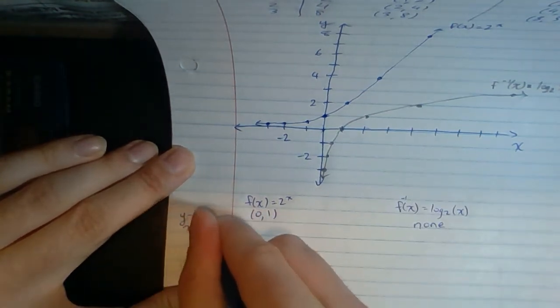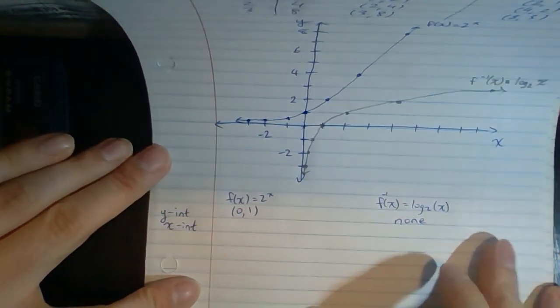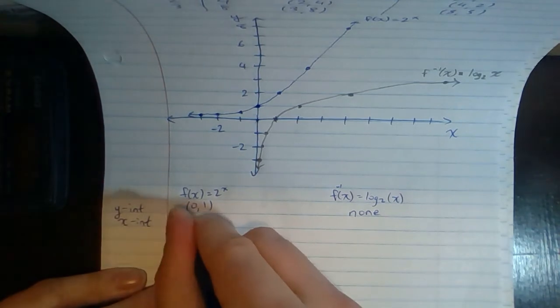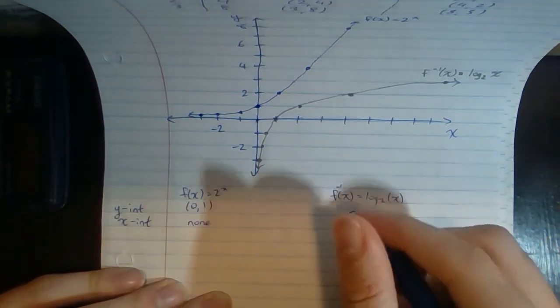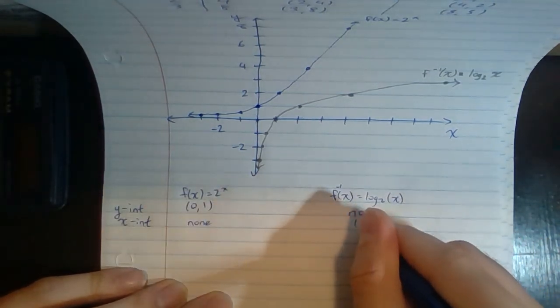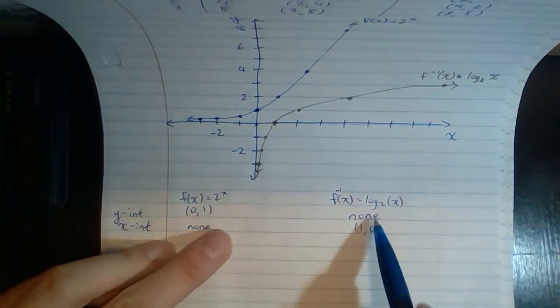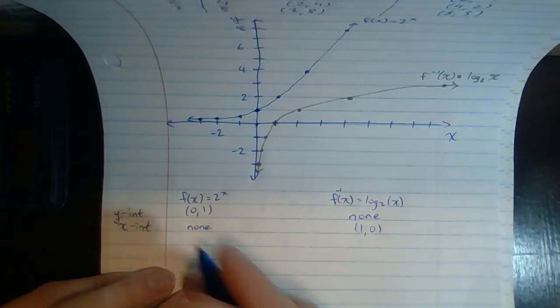X-intercept, in the original, there was none. And now in the inverse, it's at 1, 0. So you can see these kind of alternate.